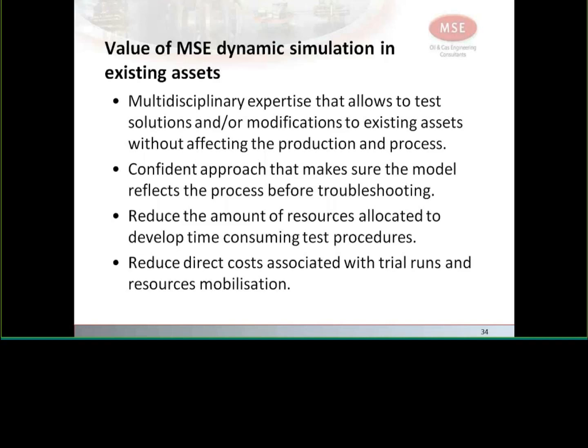With this, as I said before, you reduce the amount of resources that you have to allocate to develop test procedures and do trial tests. You obviously have to reduce production, and if you can't, then the test will be either canceled or extended, and so that will also reduce direct costs associated with this test and the final commissioning per se.